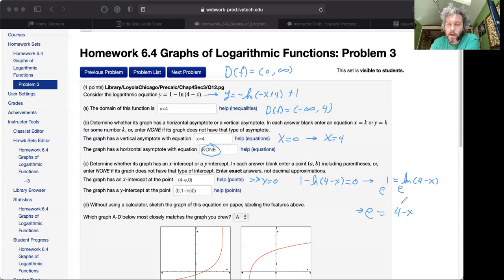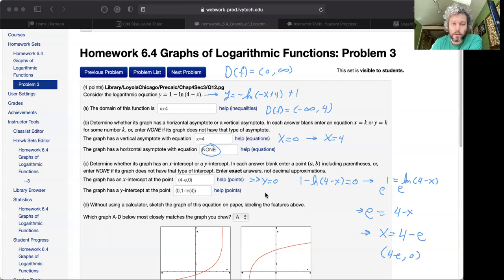Now I can solve for x. If I move this to the left, it becomes positive, and I get 4 minus e. So that would be the x-intercept, and the point would be (4 minus e, 0).